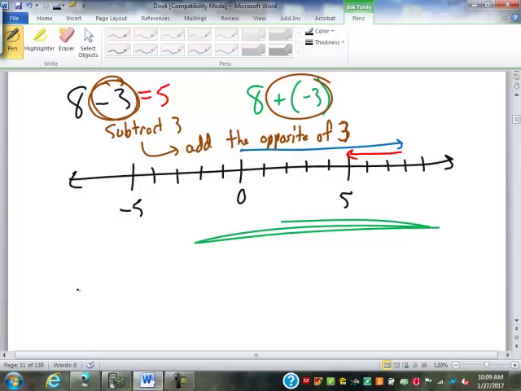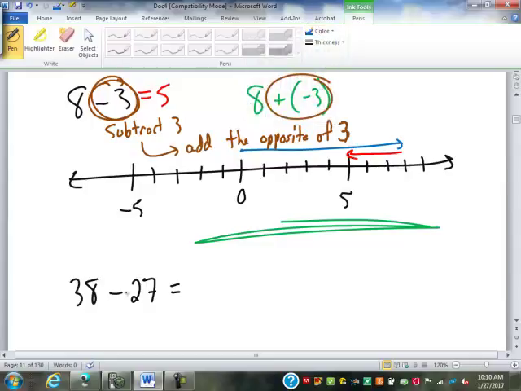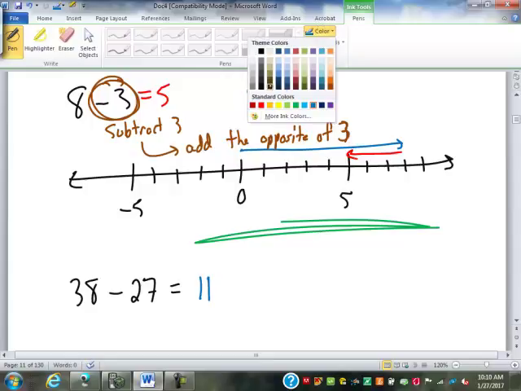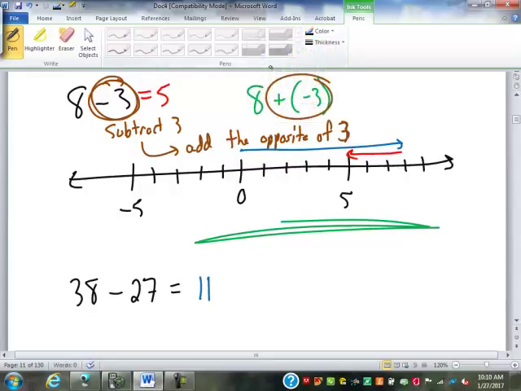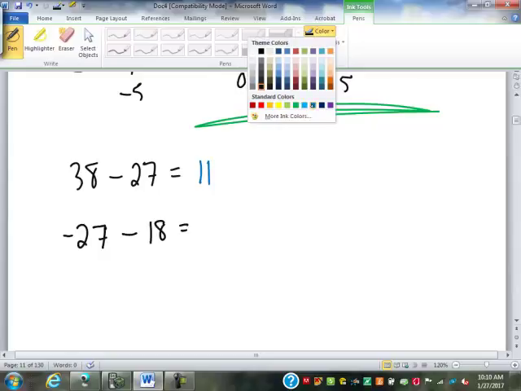Well, if I'm subtracting positive numbers like 38 minus 27, I'm not going to change it. I'm going to leave it as subtraction because that's not a difficult subtraction to do. 38 minus 27 is 11. But when one or more of the numbers in there is negative, like negative 27 minus 18, now it gets confusing because one of the numbers is negative.